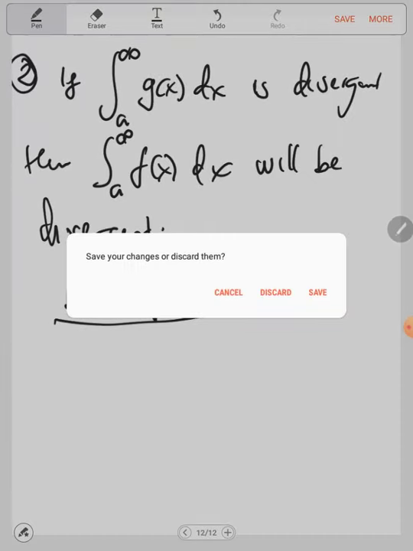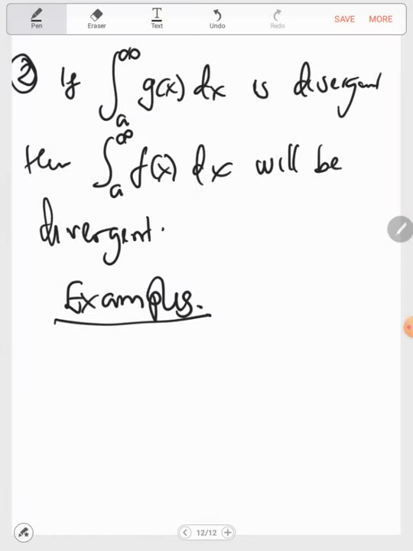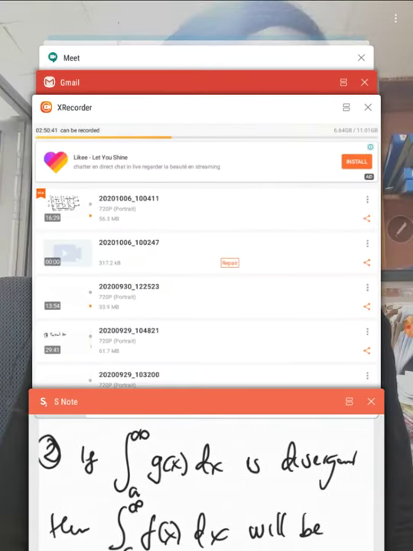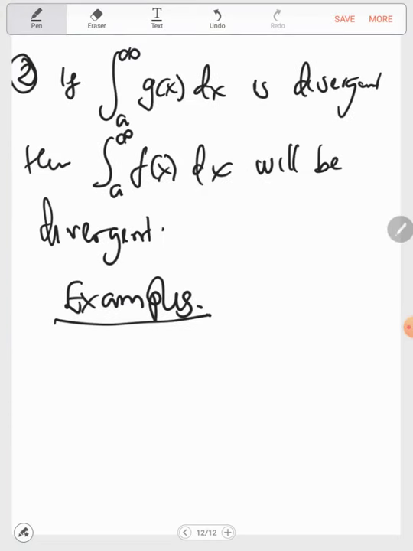The first one is that we need to check the integral. So you have to compare this integral to any other integrals that are similar.